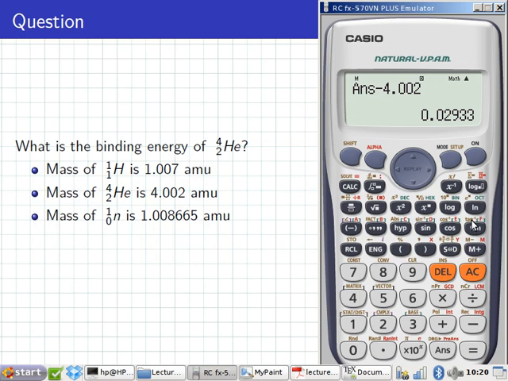If I convert this into energy, what number is u? 1.66 times 10 to the minus 27. Times, and what is my c constant? 2.998 times 10 to the 8.